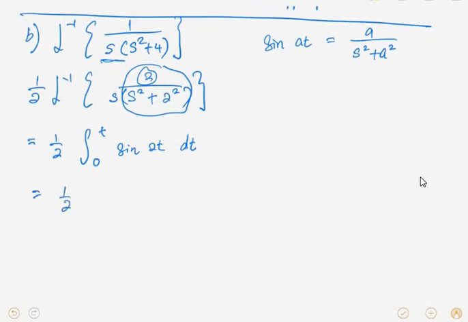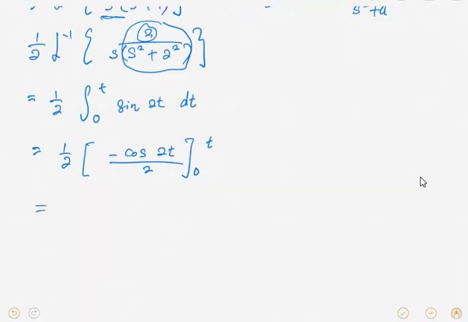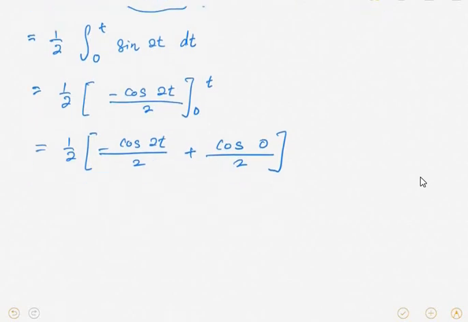The integral of the sine gives negative cos, so negative cos 2t over 2, and then the limit is from 0 to t. Then substitute the t with t followed by 0. You have a negative and a minus, so it's a positive.